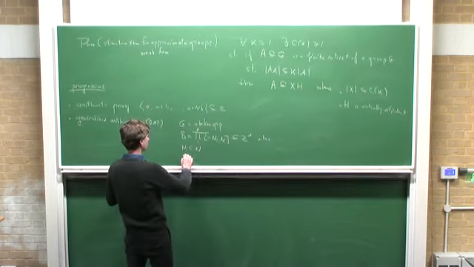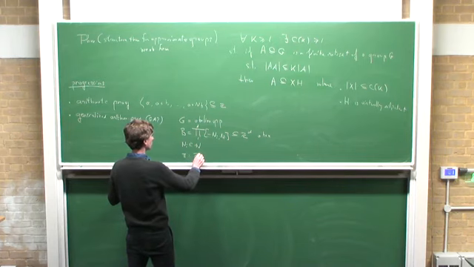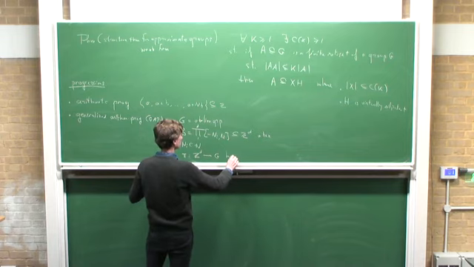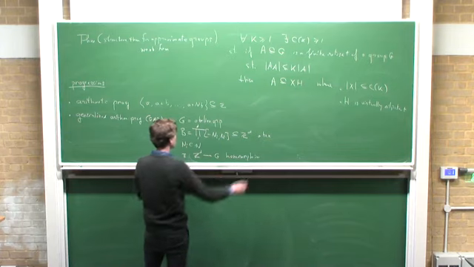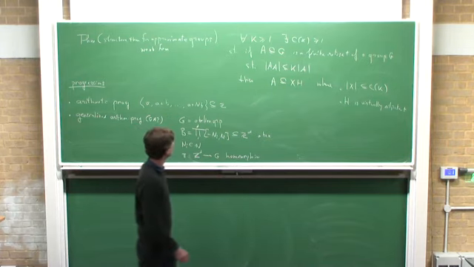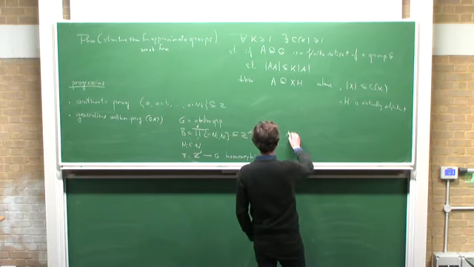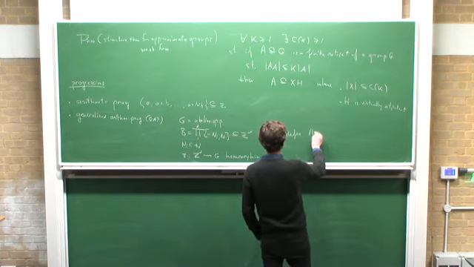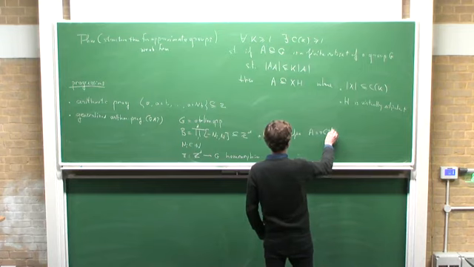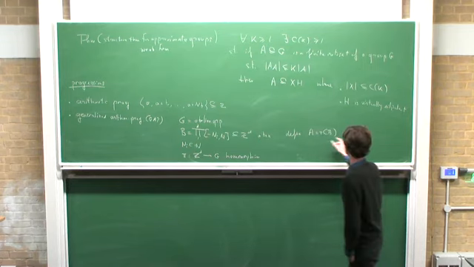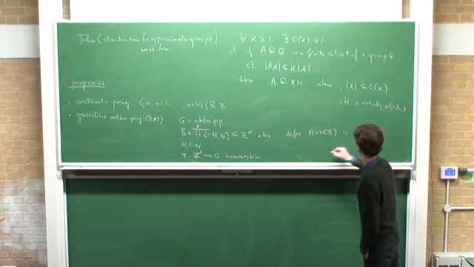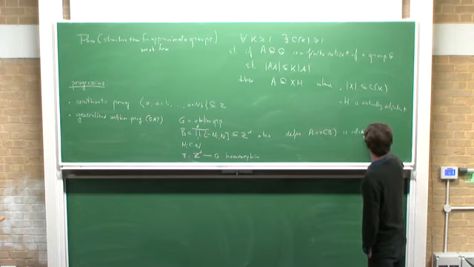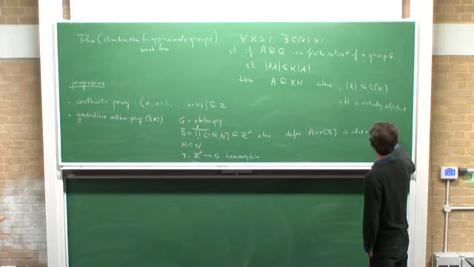And you let pi be a homomorphism from Z^d to the group. Then you define A to be pi of B. It's called a generalized arithmetic progression.